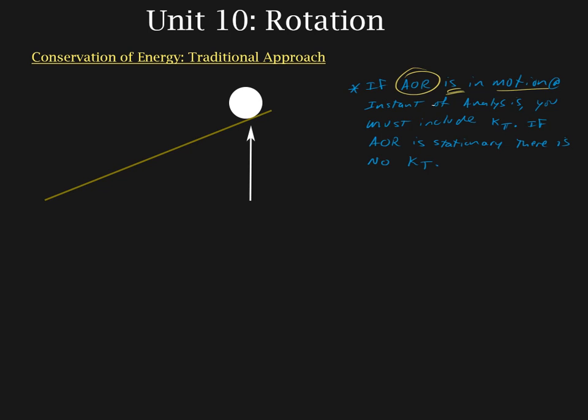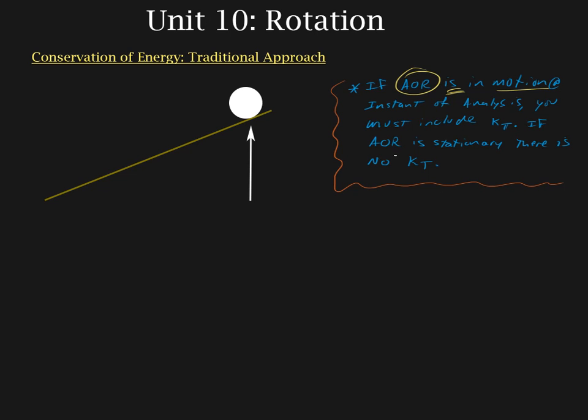Okay, so I've left this statement up here that says, if the axis of rotation is in motion at the instant of the analysis, then you must include K translational.